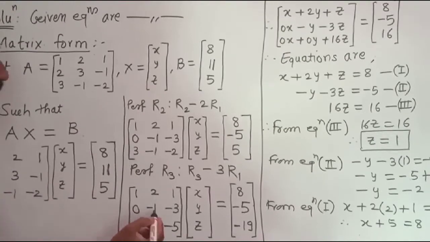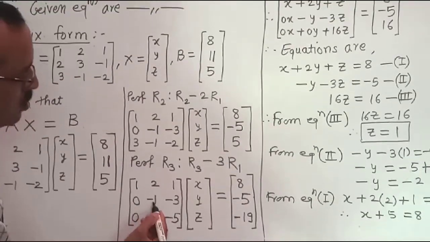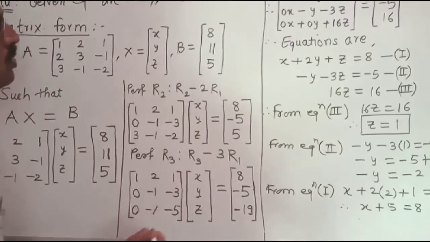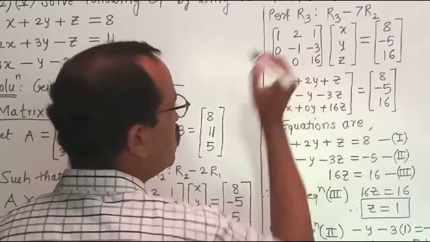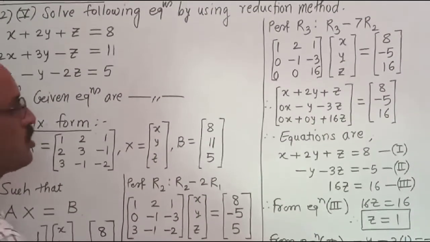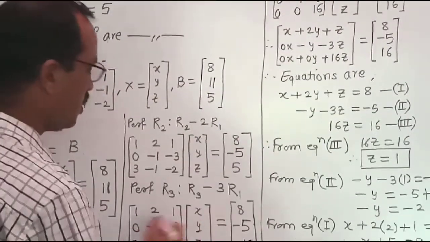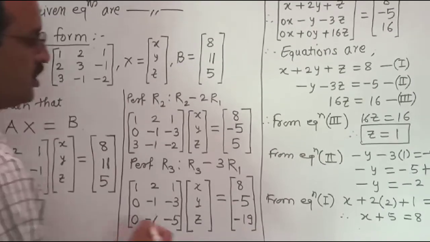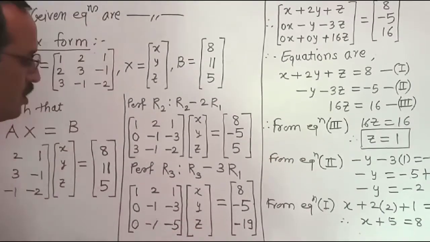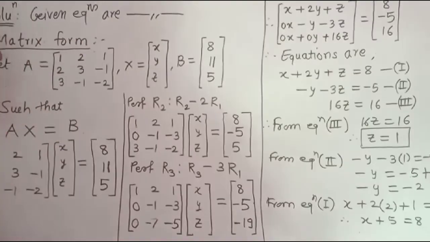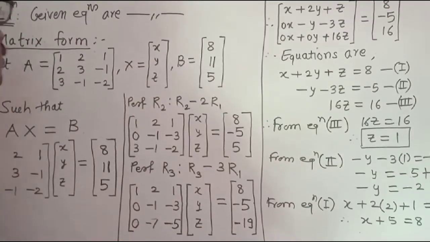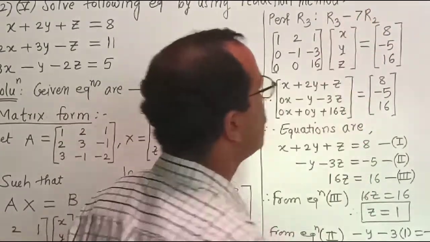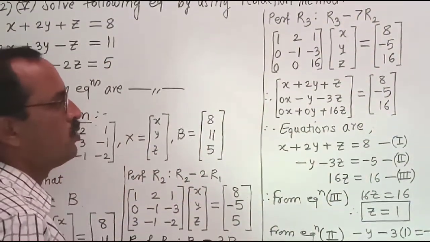That means this minus 1 is multiplied by 7, so minus 7 plus 7, so we get 0 here. So in this transformation R1 and R2 are unchanged. We will change row R3 in such a way that R3 minus 7R2.